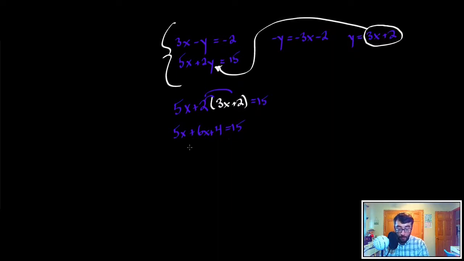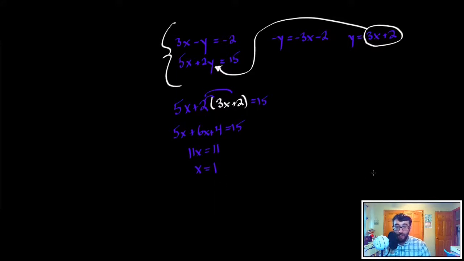I can combine like terms right here. That's going to become 11x, 5x plus 6x gets us 11x. I'm going to subtract 4 from each side to move the 4 over. So it's going to be 11x is equal to 11. And now I can divide each side by 11 to get x equals 1.